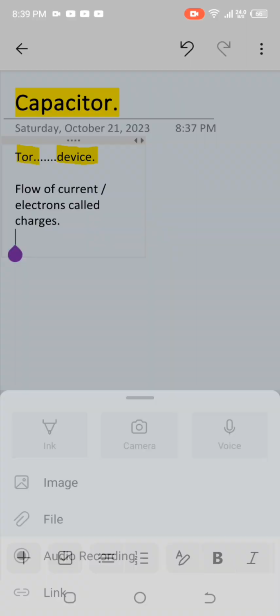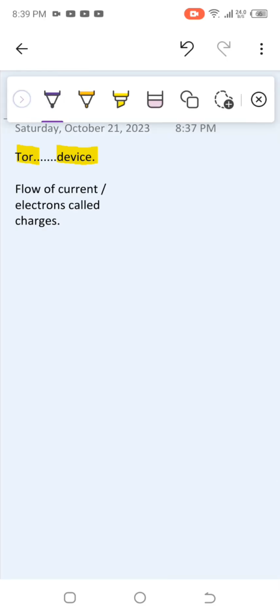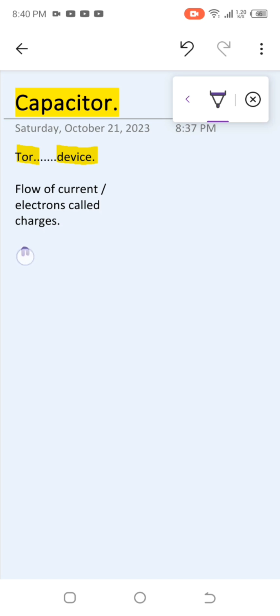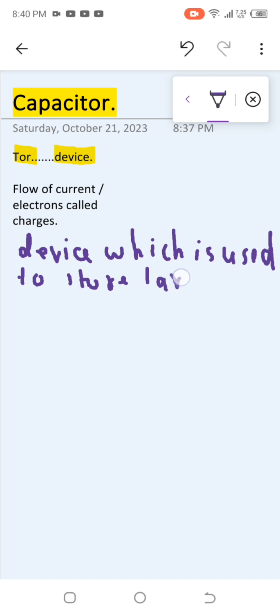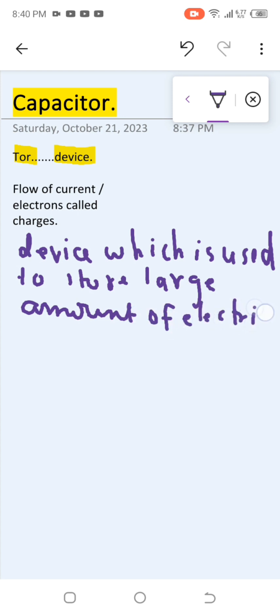Now I'm going to write the definition so you may have an idea. A device which is used to store a large amount of electric charges.